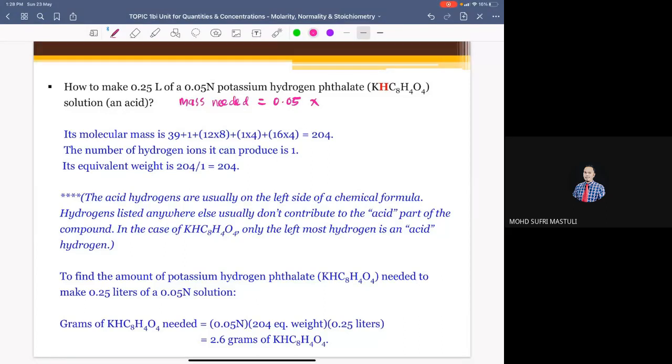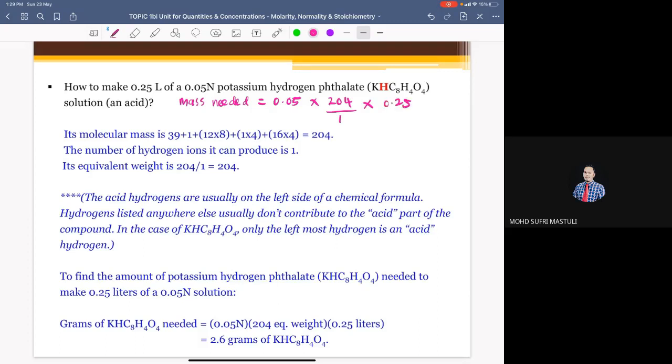Equivalent weight is the molar mass. So the molar mass of this compound from the periodic table, and then the number of acidic hydrogens in this compound is 1, and then times liters, 0.25.